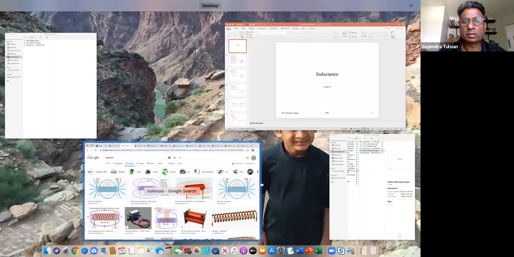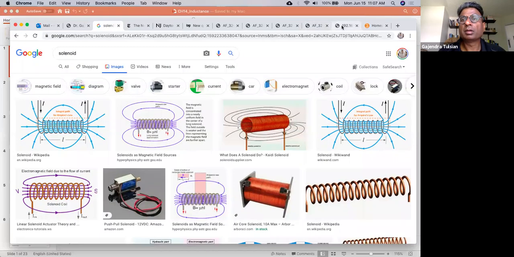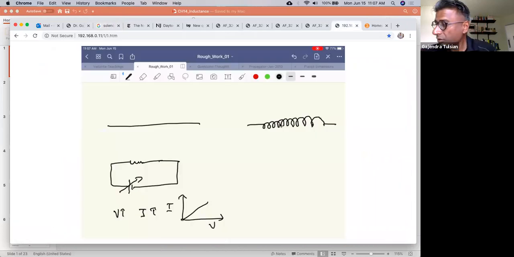So now I've just taken that straight piece of wire and wound it like a solenoid, and now I connect it in a circuit.